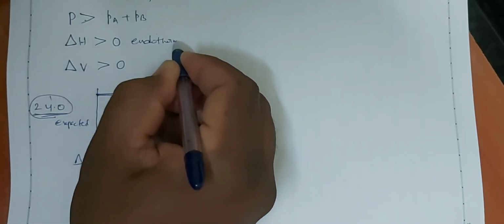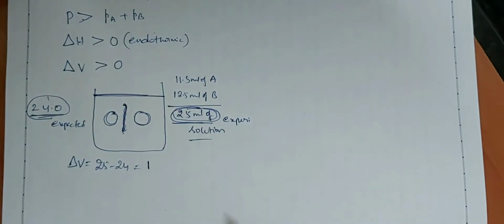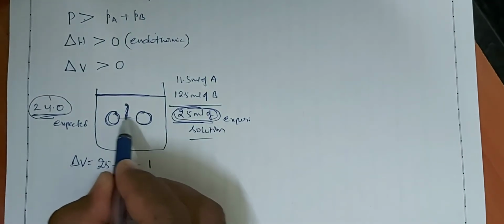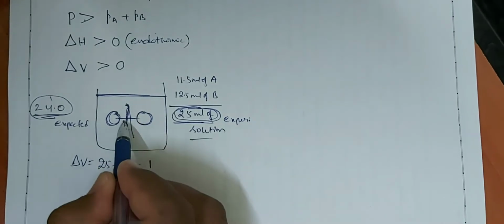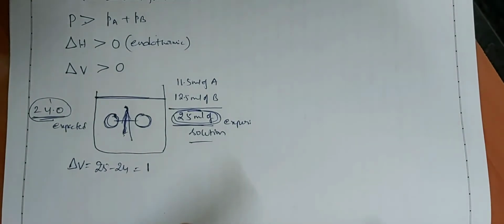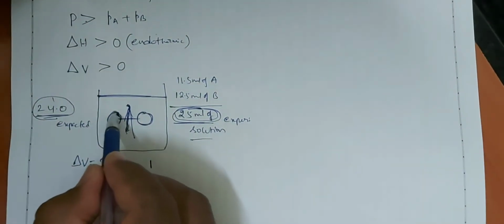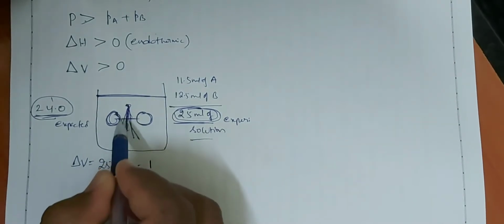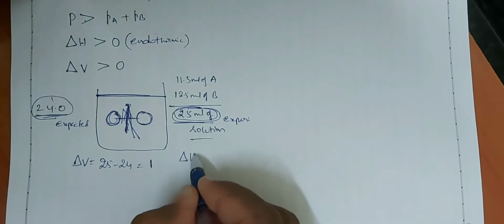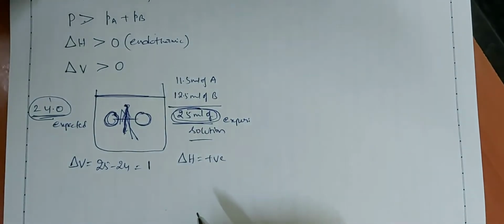Endothermic means energy will be absorbed. See, when the molecular forces are getting broken down, energy will be absorbed only. When new attractions are formed, energy will be released. When old attractions are broken down, energy will be absorbed, which means delta H is positive, an endothermic process.